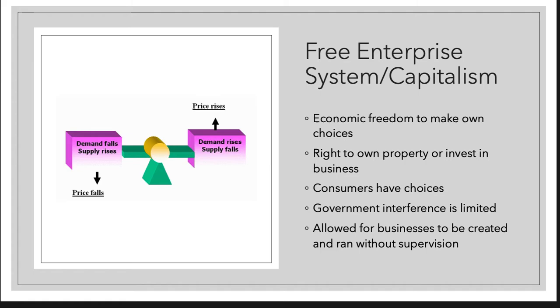Price is going to rise because people want it. You've got to meet the demand and control how many people get it. So when we see demand rise, people want a product, we lower the supply and we increase the price.